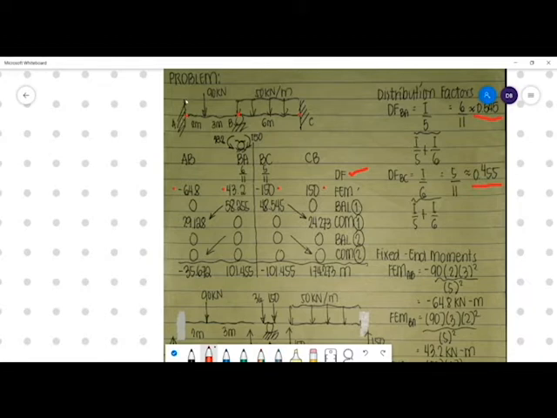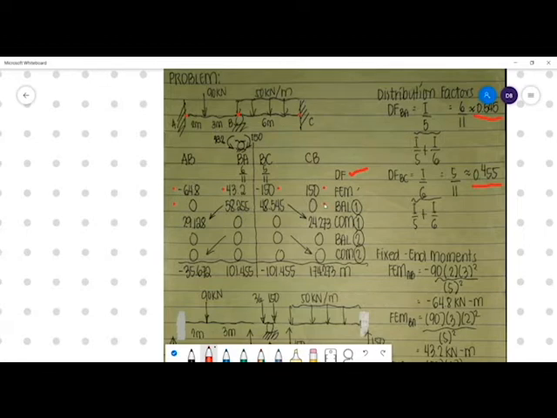Now we have the fixed end moments. For fixed supports at A and C, there is no balancing, so we will not balance them. Meaning the negative 64.8 at point AB and the 150 at point CB will just stay there. So our balancing moments at AB and CB are both 0.